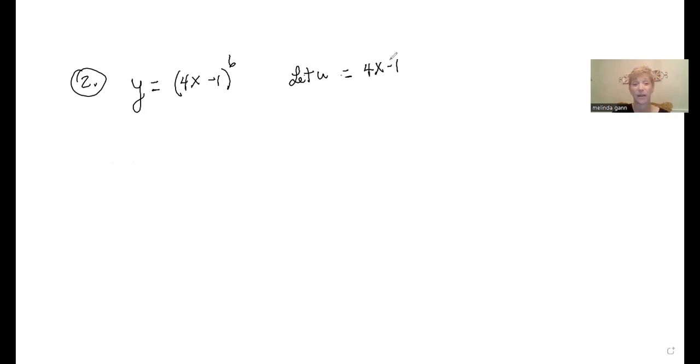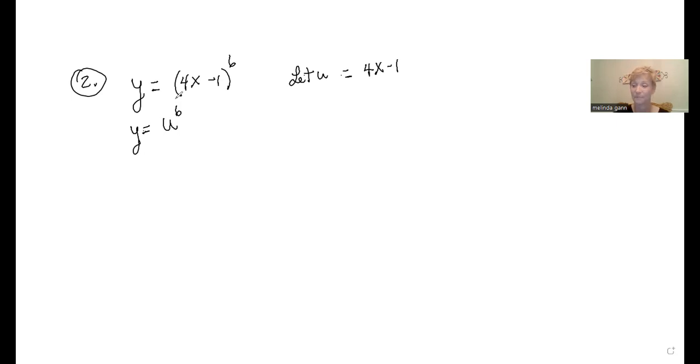See, I became my own fairy godmother. I wished it was a single letter to the 6th power. Well, if I let u be what's in parentheses, then it becomes a single letter to the 6th power. Because I'm now going to put my u in my problem. 4x minus 1 is the same thing as u, so that turns that into u to the 6th. So I made my own wish come true. I do have a single letter to a power.